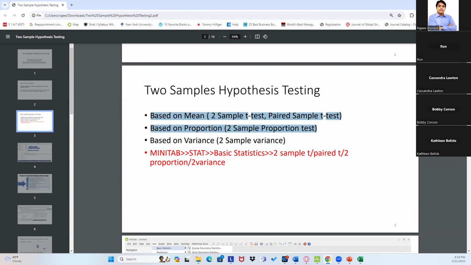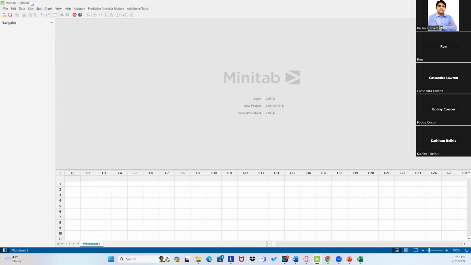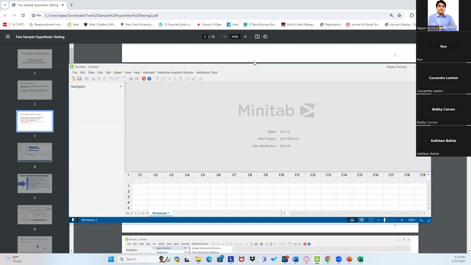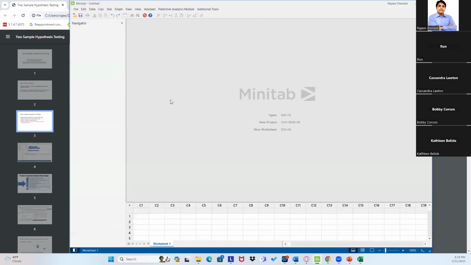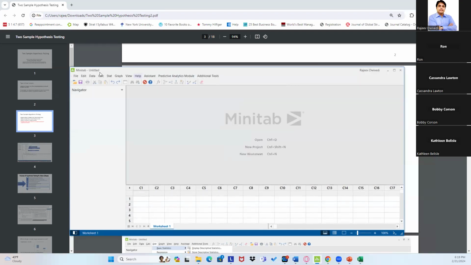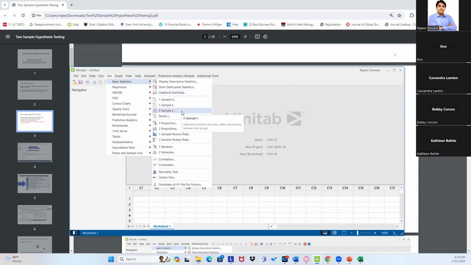Under Minitab, you can get this option here. Under statistics, basic statistics, here you can see two sample t-test and paired t-test.